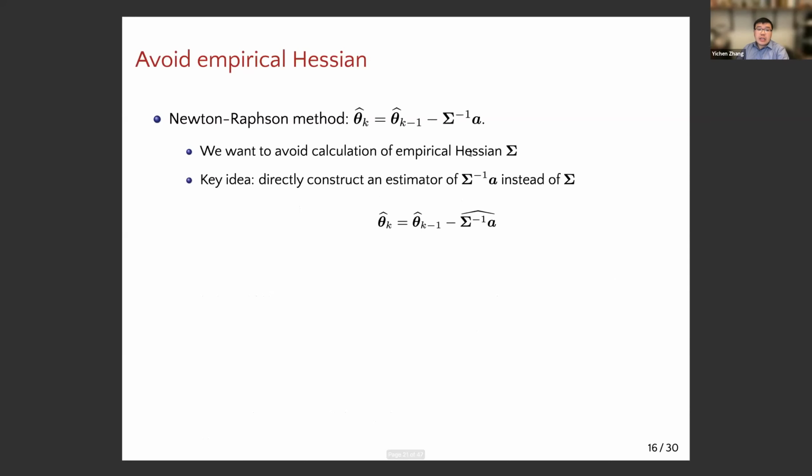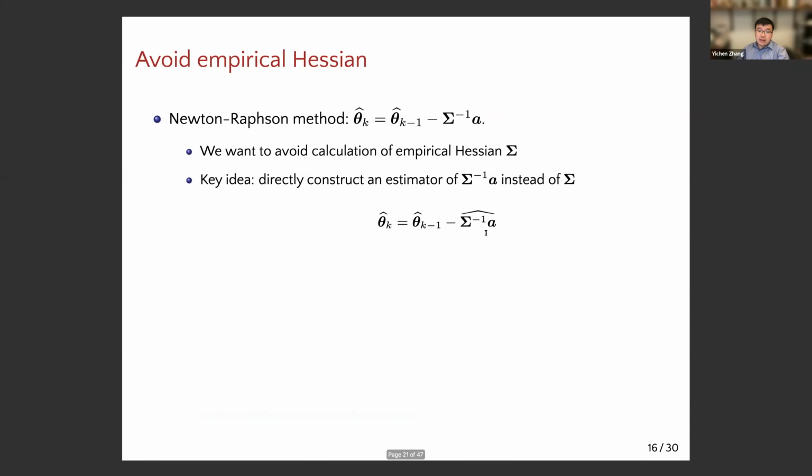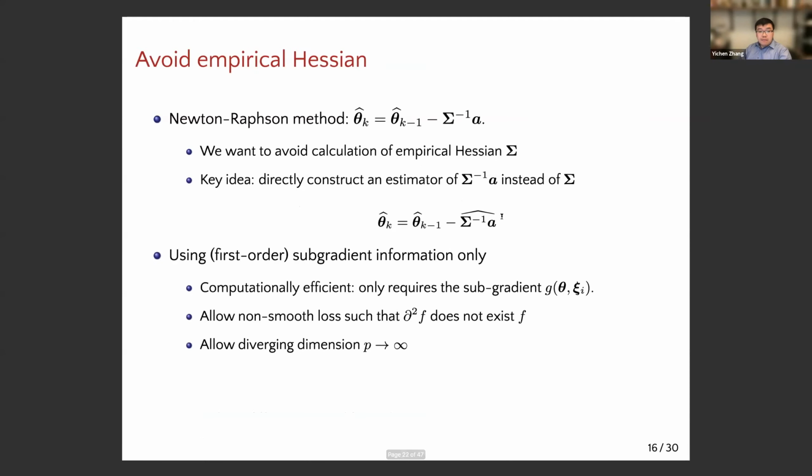So instead of considering an estimator of the empirical Hessian sigma, we can directly construct an estimator of sigma inverse A instead of sigma. So instead of doing things like this one, we can construct an estimator of this term as a whole. And we want to do that using only first order subgradient information.